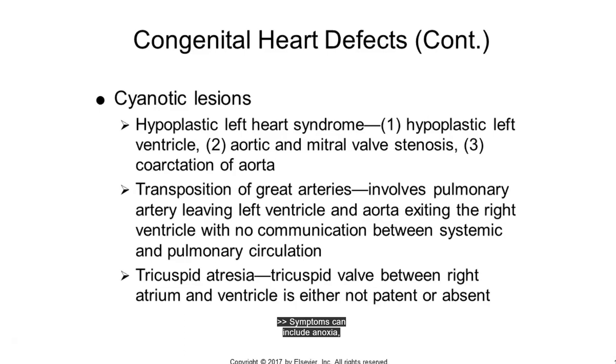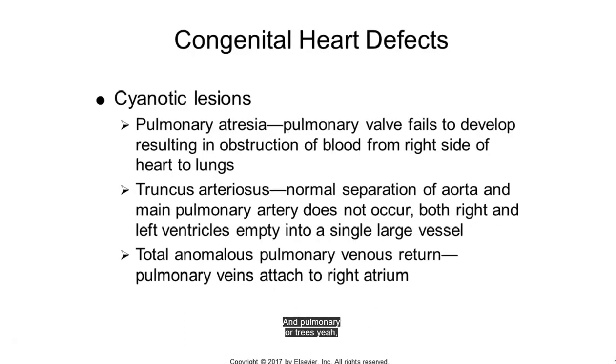Symptoms can include anoxia, signs of right-sided heart failure, severe cyanosis and dyspnea, and surgical repair is required. In pulmonary atresia, the pulmonary valve fails to develop, resulting in obstruction of blood flow from the right heart to the lungs. The presence of other cardiac defects such as ASD or VSD would allow right to left shunting, and therefore allow blood flow to the rest of the body.